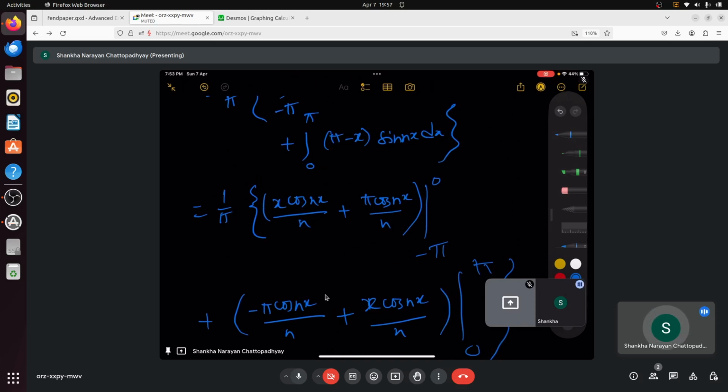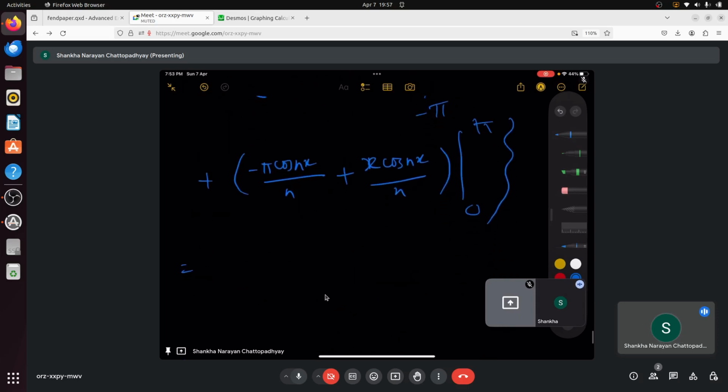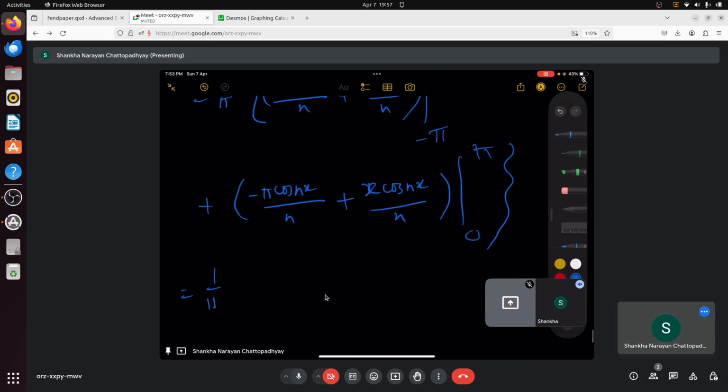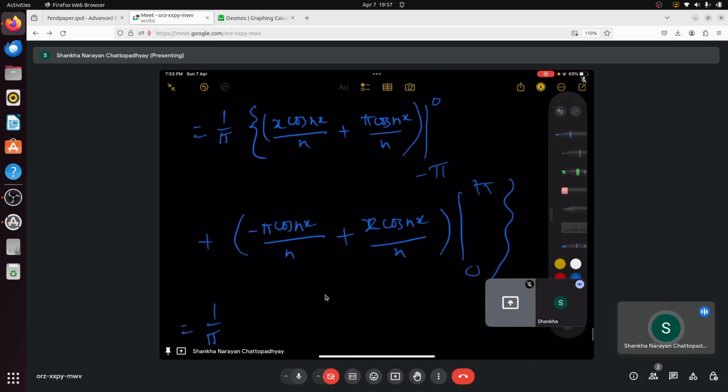Now you need to write down whichever is the answer. So first you put 0, 1 by pi, the first term is vanishing, 0 pi cos, so that becomes pi by n.